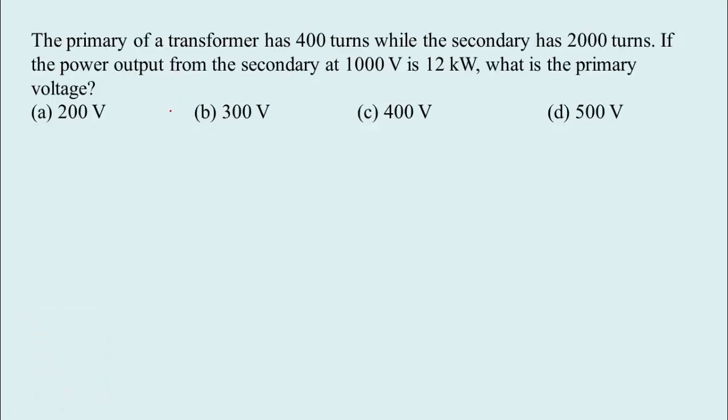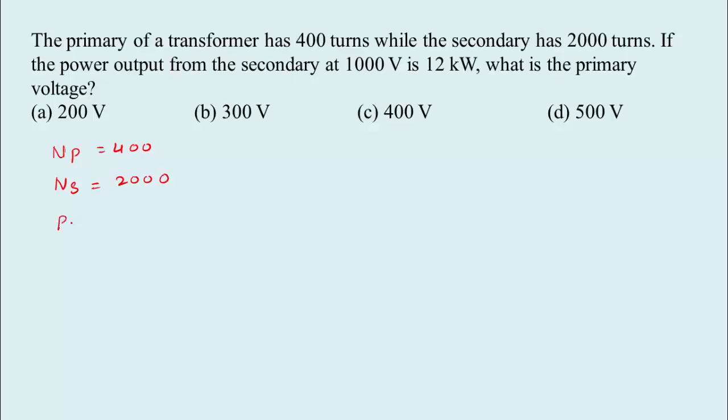See here, in this question, I am going to use the relation between voltage and number of turns across primary and secondary. Number of turns in primary is given 400 turns and that in secondary is 2000 turns.